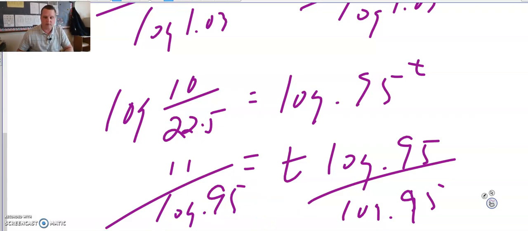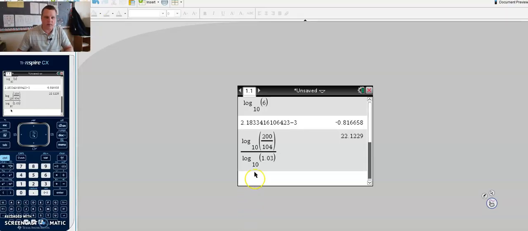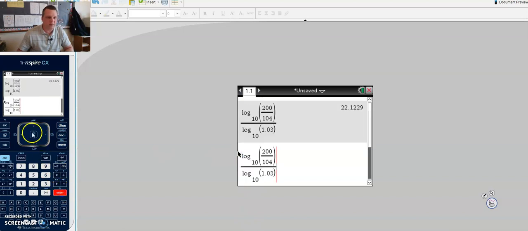So I'm going to the calculator, and I'm going to put log of 10 over 22.5, all over log of 0.95.